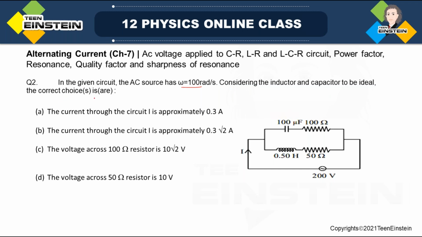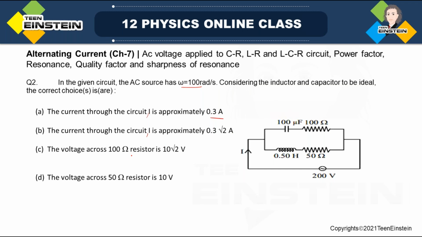The correct choices are: the current in the circuit is approximately 0.3 ampere. The current through the circuit I is approximately 0.3 into square root of 2 ampere.